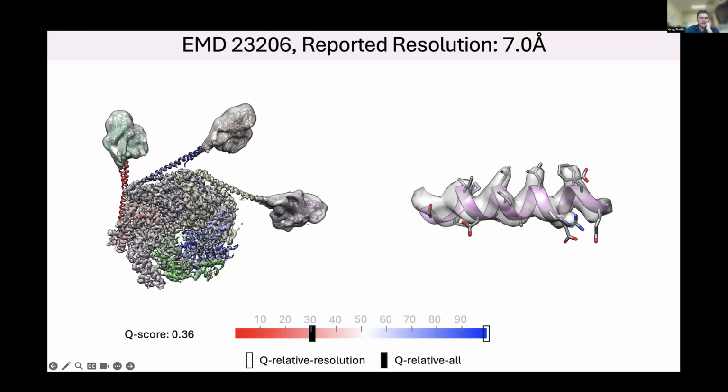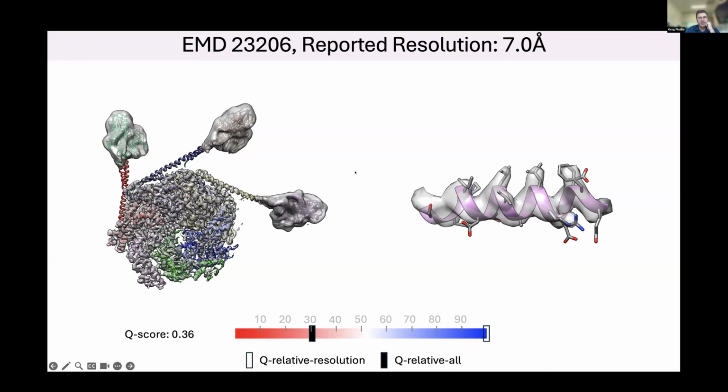With a Q score of 0.36, it's not high. But if you look at the Q relative resolution, it's actually really high, 100 percentile. What this means is that this is high for the resolution bin of 7 angstroms. This Q score is higher than every other score, which is also indicating a slight problem.